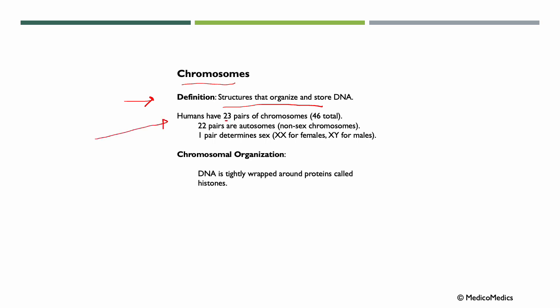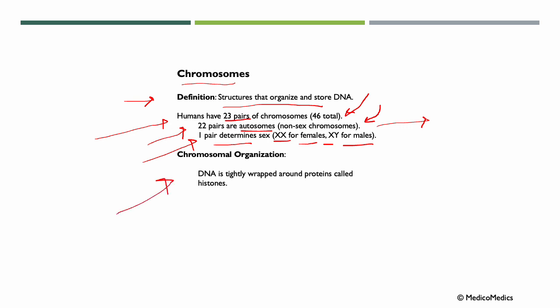Now, humans have 23 pairs of chromosomes, so 46 chromosomes in total. 22 of these pairs are autosomes, so these are non-sex chromosomes, and these generally control our general body traits. We then have 1 pair of sex chromosomes, so these determine biological sex. If it is XX, we have female. If it is XY, then we have male.